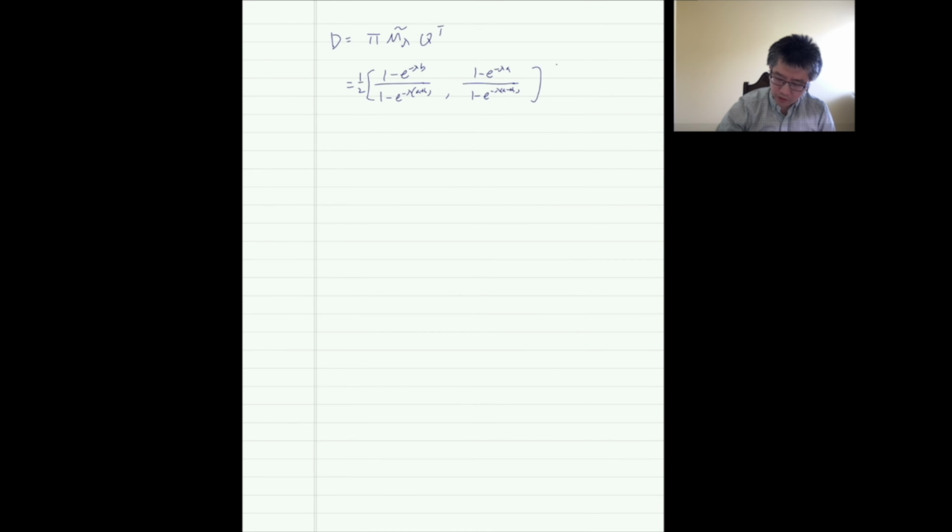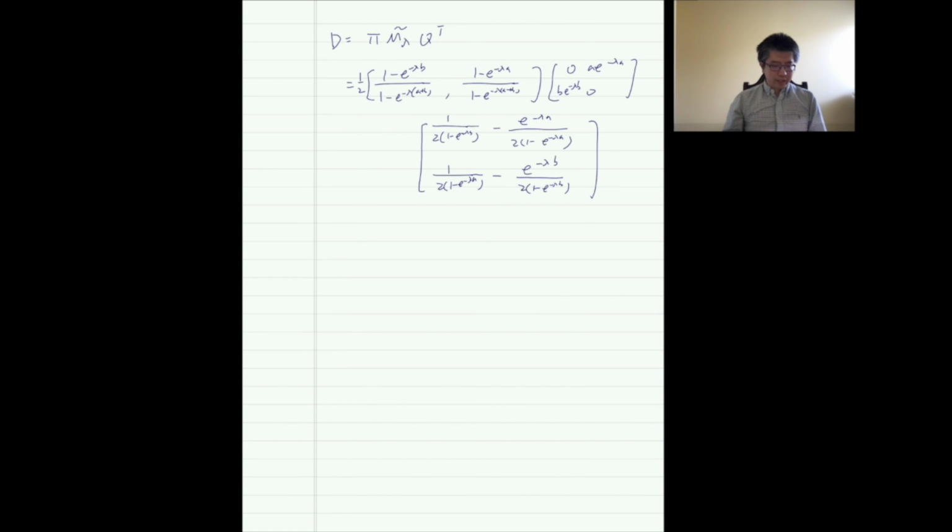Then multiply this, and then multiply q, where q is this. All right, and this is our function of d.